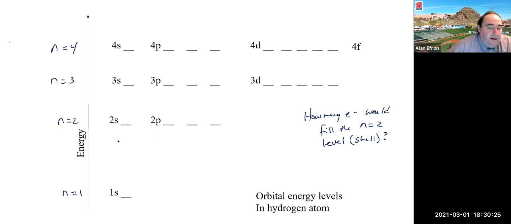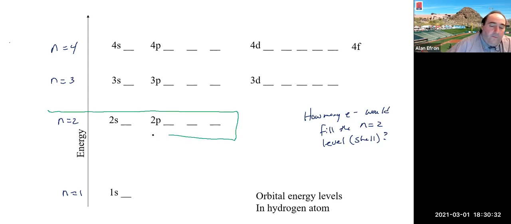So when we talk about a level or a shell, we are talking about every single orbital found on that particular level, which is my n equals 2 level. Each of these lines represents an individual orbital, which means I could put 1 electron here, 2 electrons here. That is full.